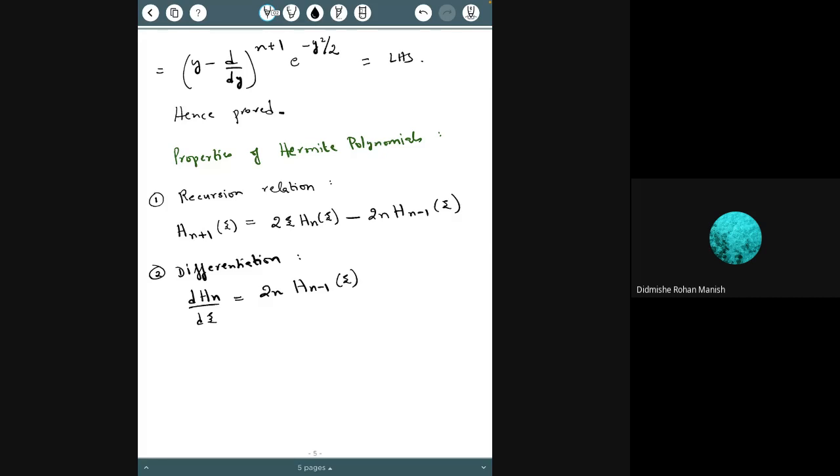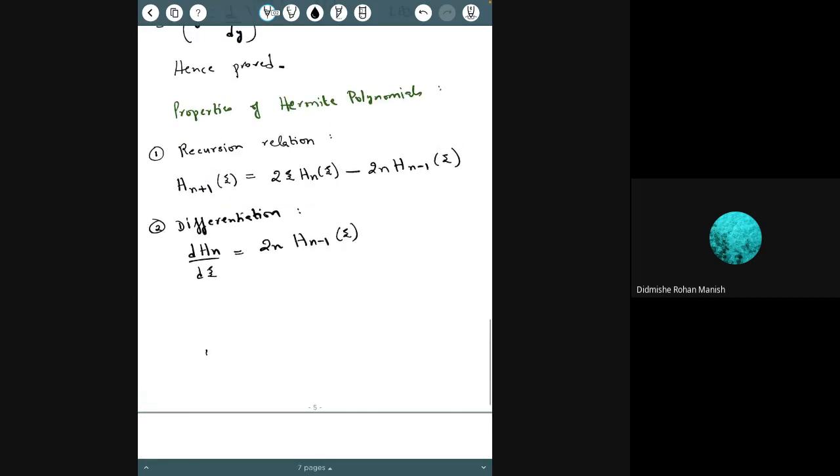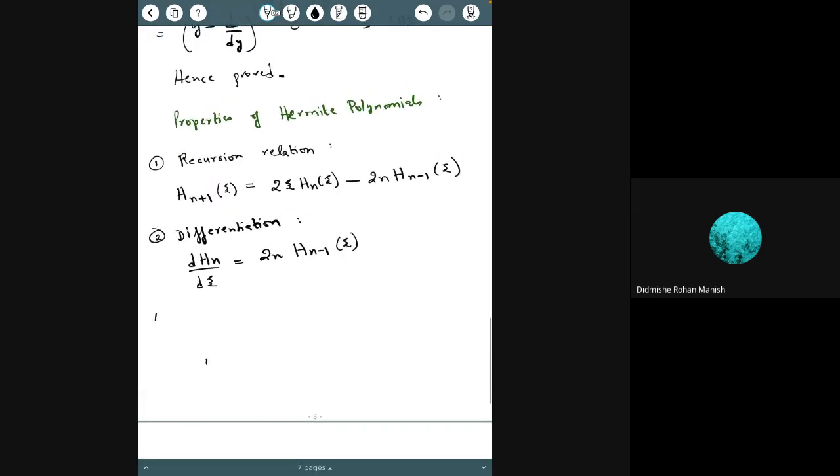The third thing, which is not so useful to us, at least I haven't used it, but just so that you are aware, the Hermite polynomials are also related to an exponential function in this manner.